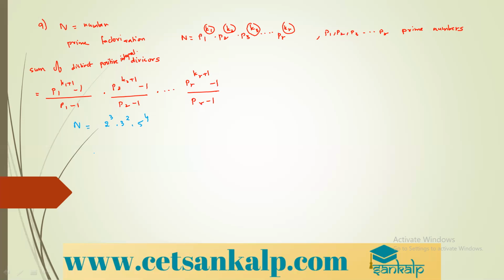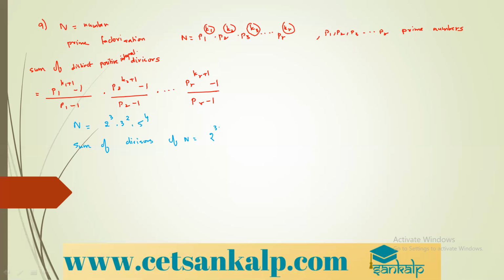So for these, you have to find the divisors, and after that, the sum of divisors of n. So what is the formula? First prime factor is 2. 2 is coming 3 times.